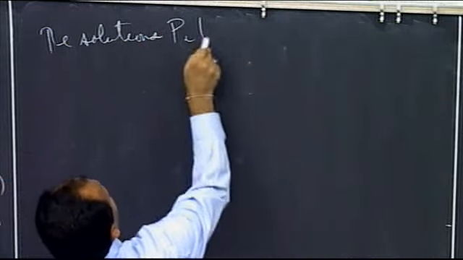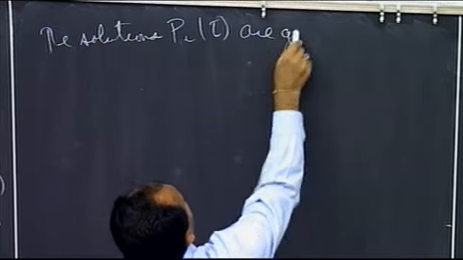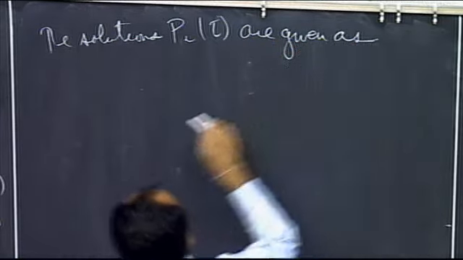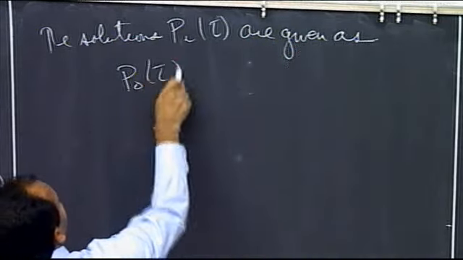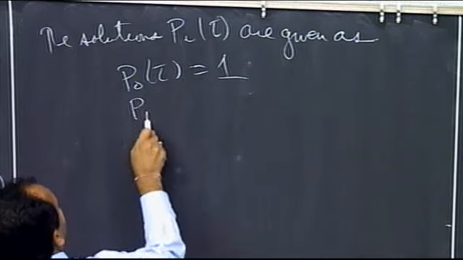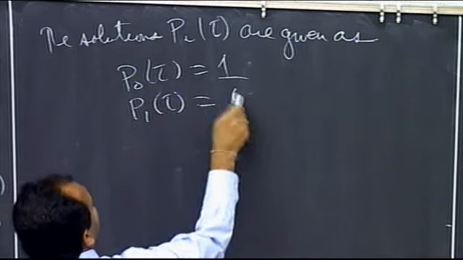So the Legendre polynomials, when you actually solve this differential equation, the solutions Pi of tau are given as follows. P0 of tau is equal to 1. P1 of tau is equal to tau.